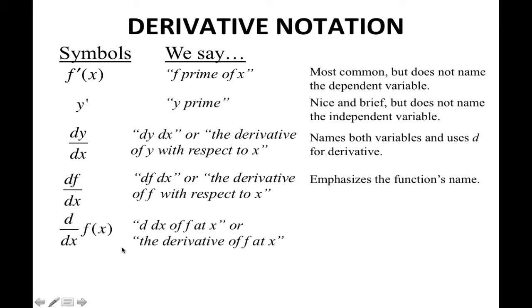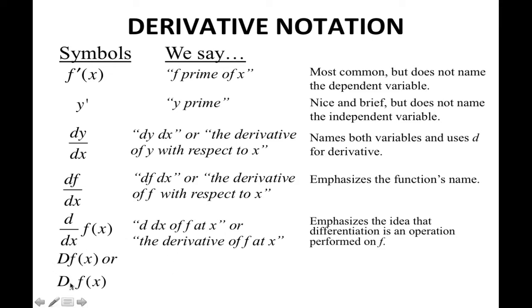Then there is this one, which says d dx of f at x, or the derivative of f at x. This emphasizes the idea that differentiation is an operation performed on f. Then there's these two.